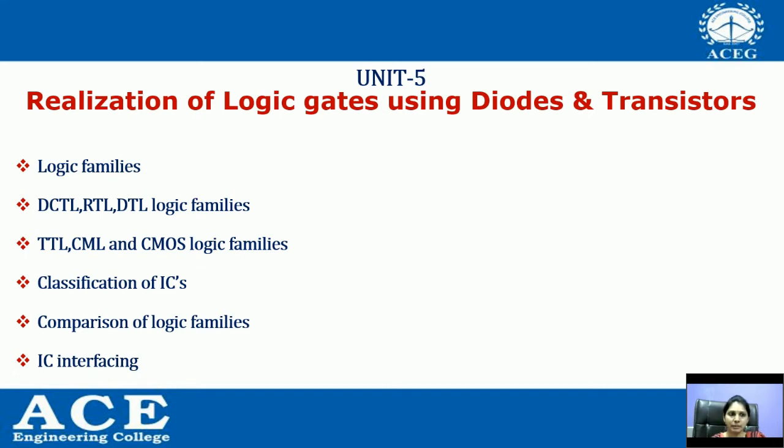Here, we study different logic families. That is DCTL, direct coupled transistor logic, RTL, resistor transistor logic, and DTL, diode transistor logic. These logic families we are going to learn.